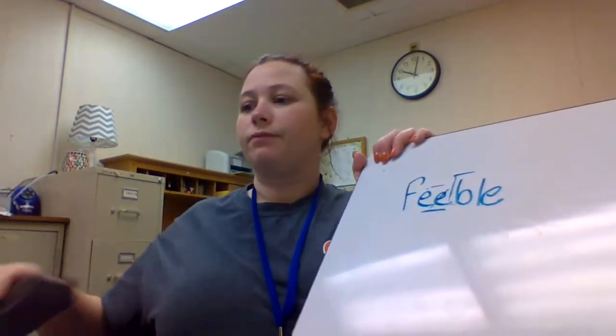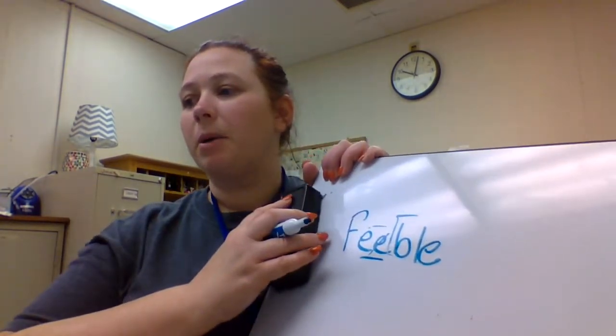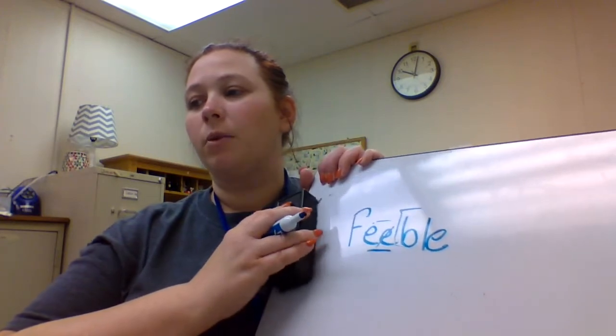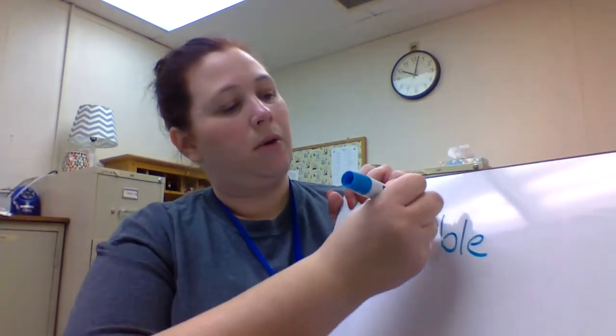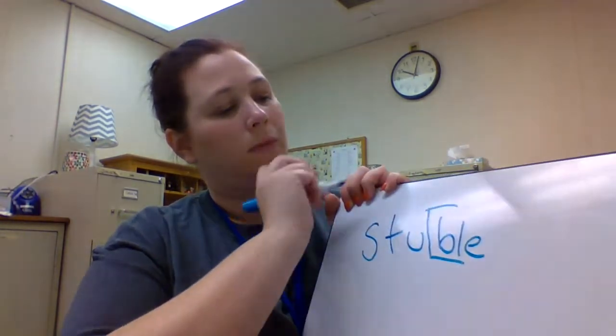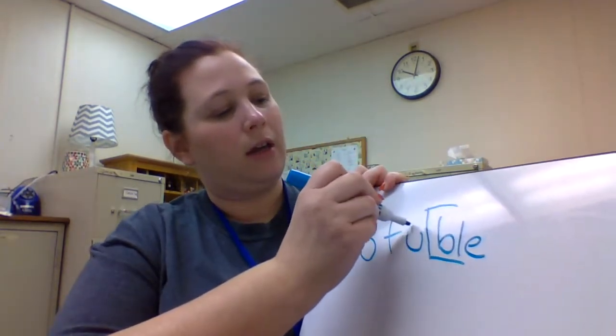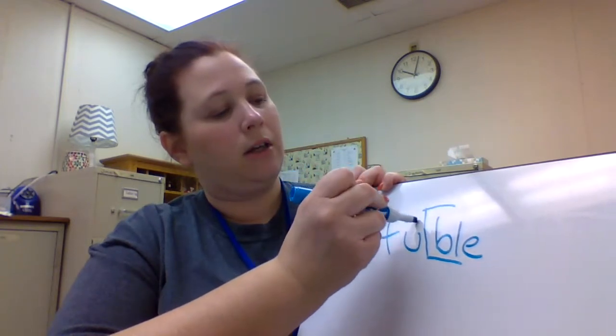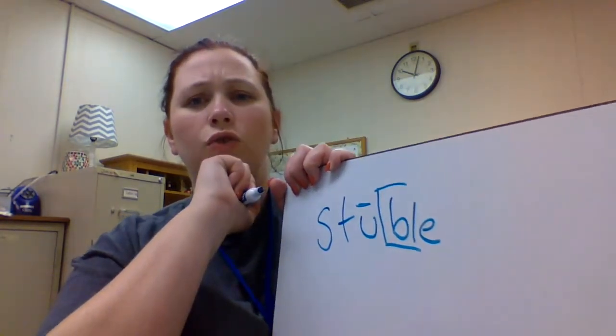All right. Next, we're going to learn how to spell a final stable word with BLE. We're going to practice on the word stubble. So let's look if we spelled this word like this. We'd put the coding here, and then because that had nothing after it, it would get a macron, and we would say stubble.